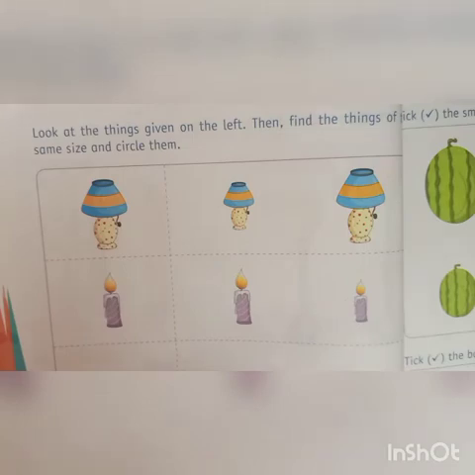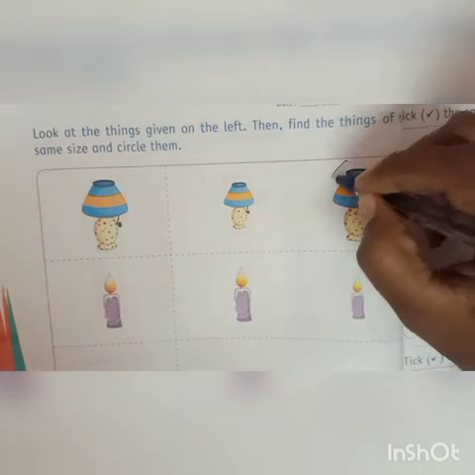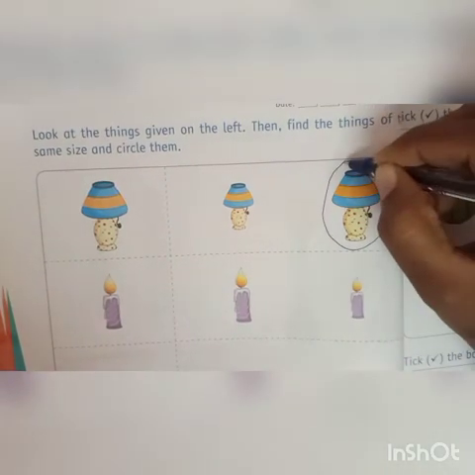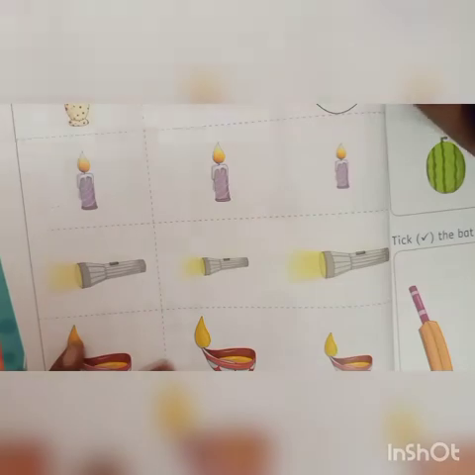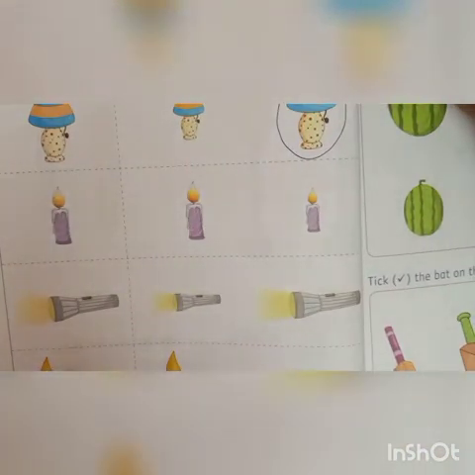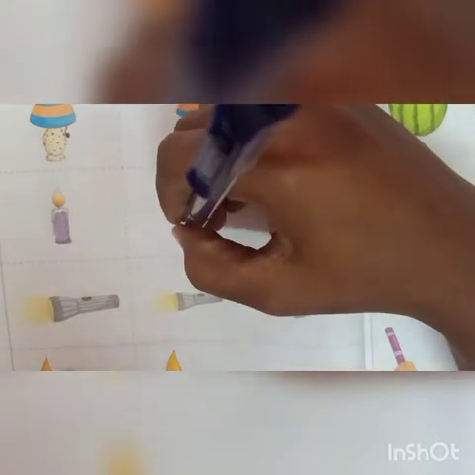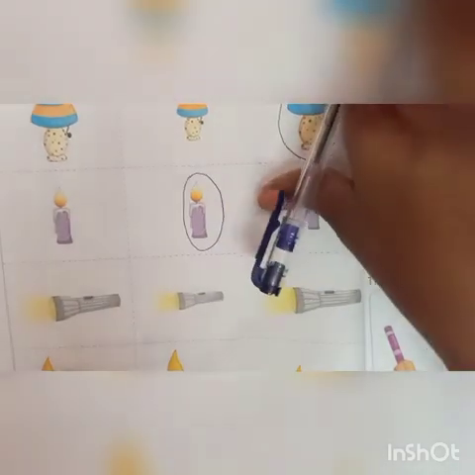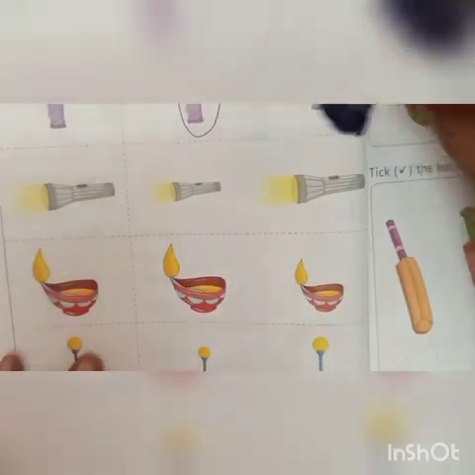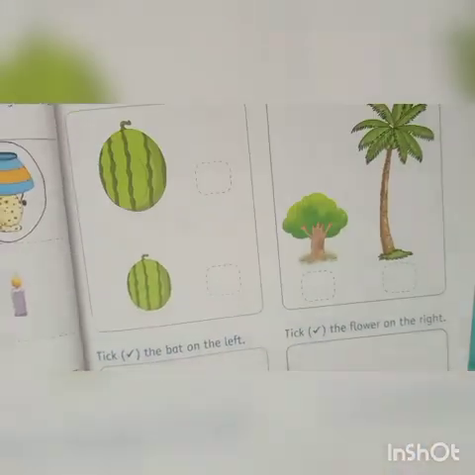So what are we going to do here? We are going to circle them. Now there's a candle, so we are going to circle the same size candle. So rest you have to do, that is your homework.